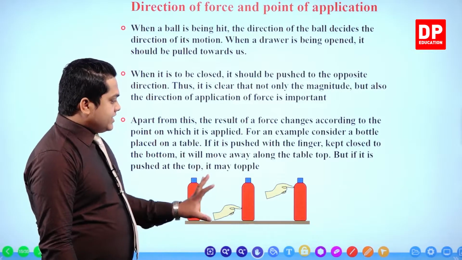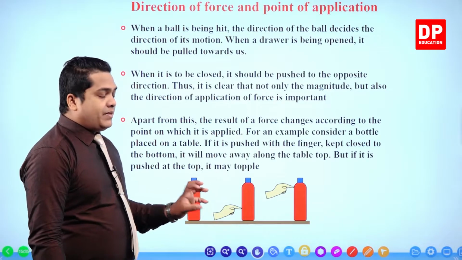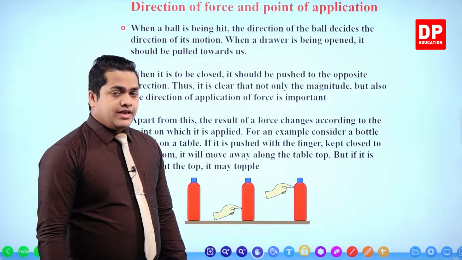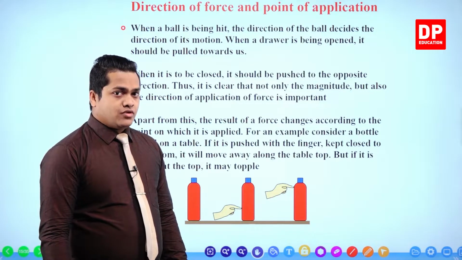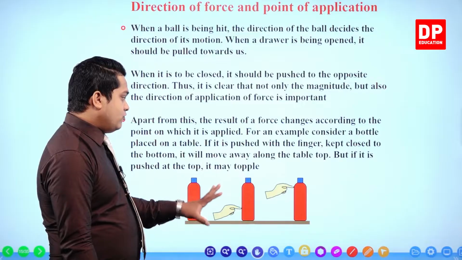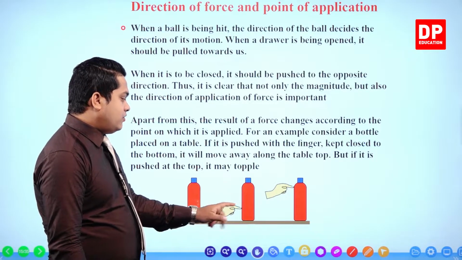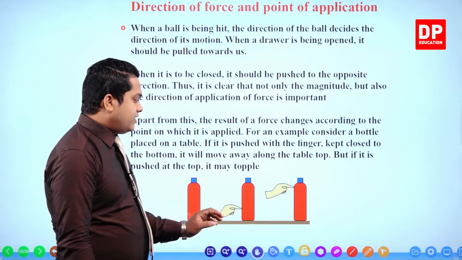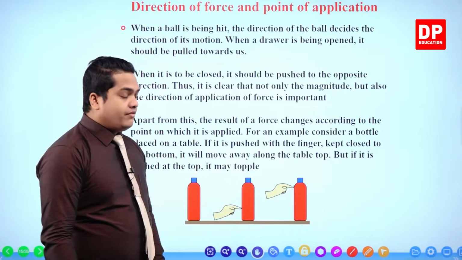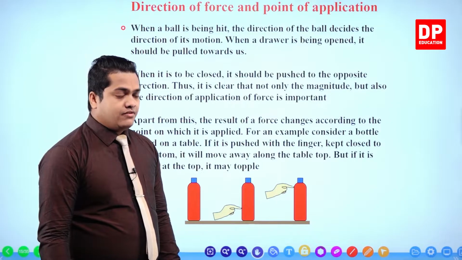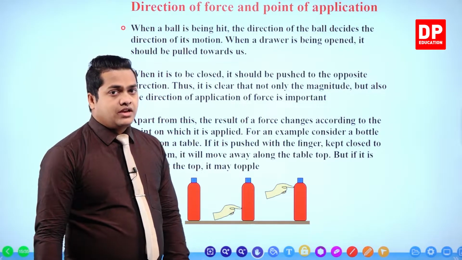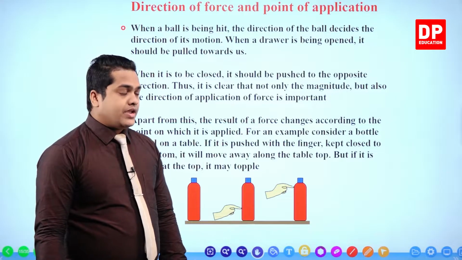Here you can see that the point of application is also really important in application of forces. Now if you want to move this bottle toward a certain direction, you should apply the force in this kind of position, otherwise it will definitely fall down. If you apply a force in here, then definitely it will fall down, right?